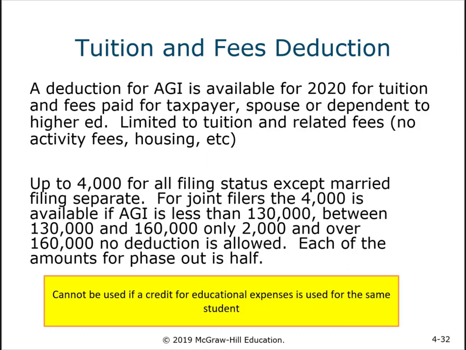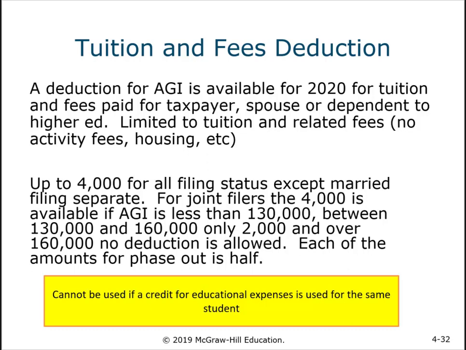We saw the student loan interest phase out was gradual, meaning you took a fraction, right? And so if your income was only a little bit over the phase out then you would only lose a small part of the deduction. This is what I refer to as a cliff phase out.